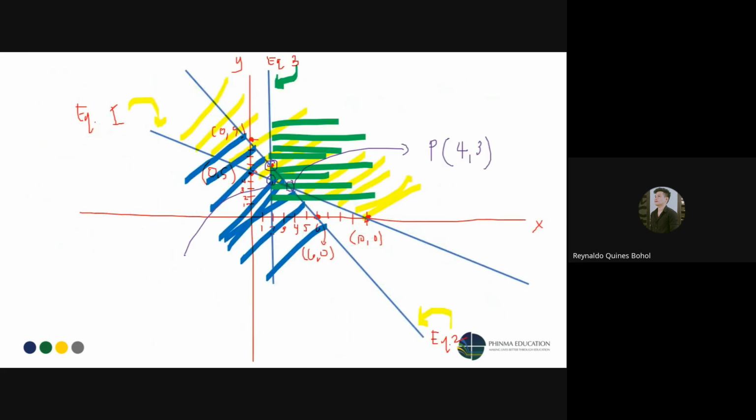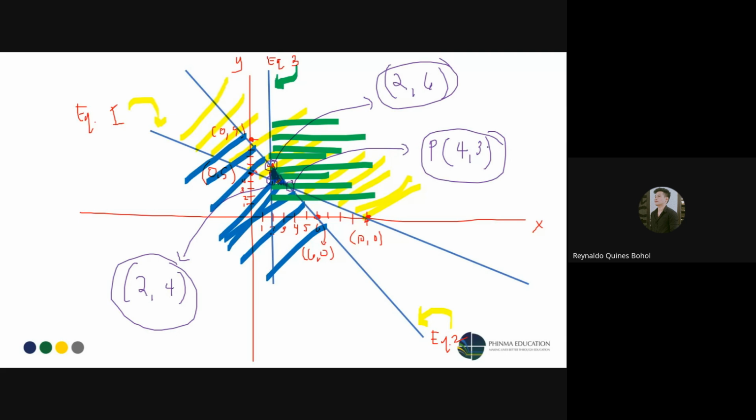So, sir, ano po ito? Yan yung 2, 4. Sir, ano po ito? Yan yung 2, 6. Yan sila nag-overlap ng 3 beses. Yan o, yung triangle na maliit. Kaya yung mga vertices natin is 2, 4, 2, 6, and 4, 3.